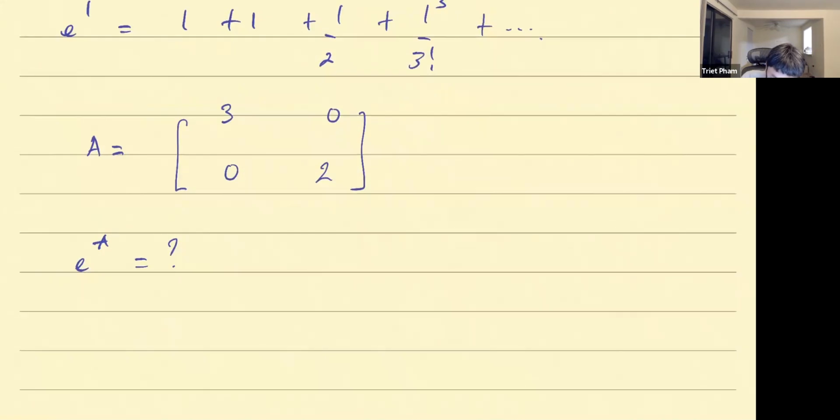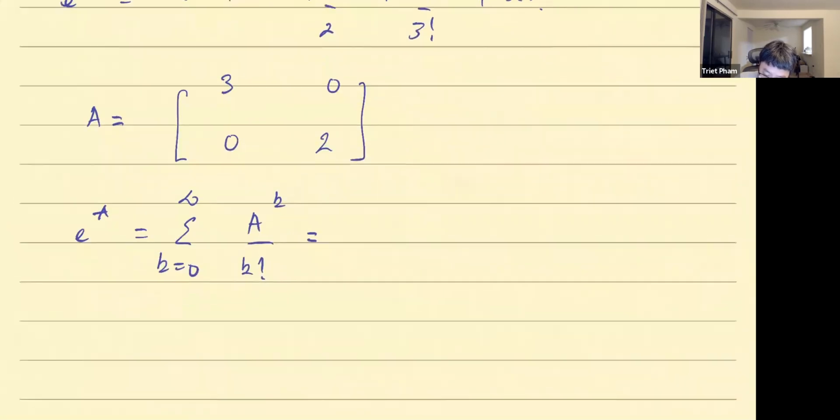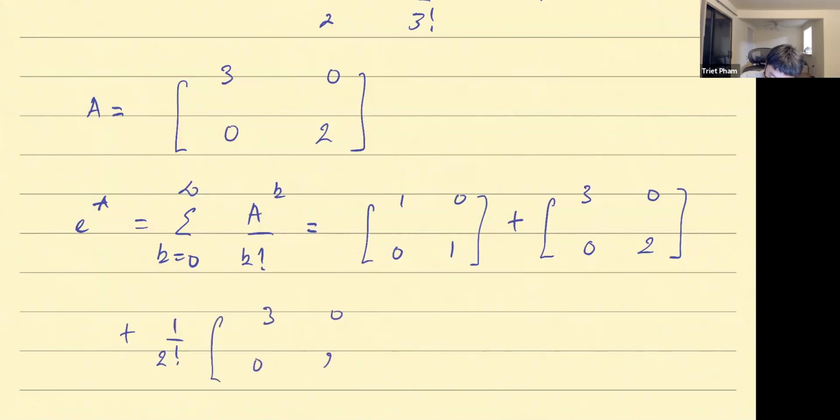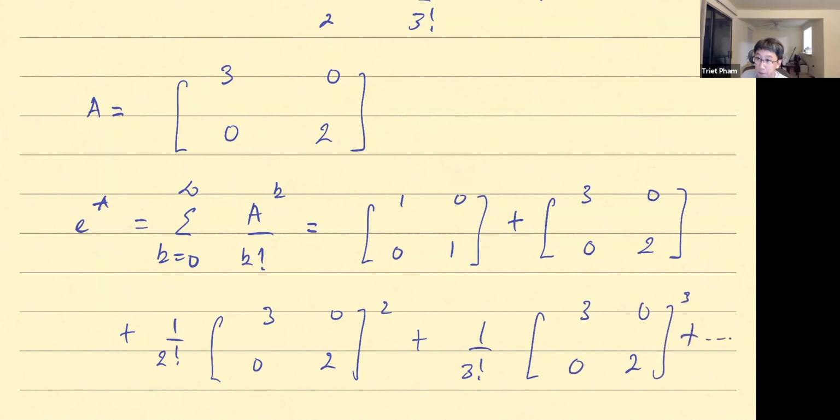What we have, right, e to A is going to be the sum k from 0 to infinity of A to the k over k factorial, right, which starts out with the identity, and then A to the first power, and then A to the second power, and then to the third power. Right?